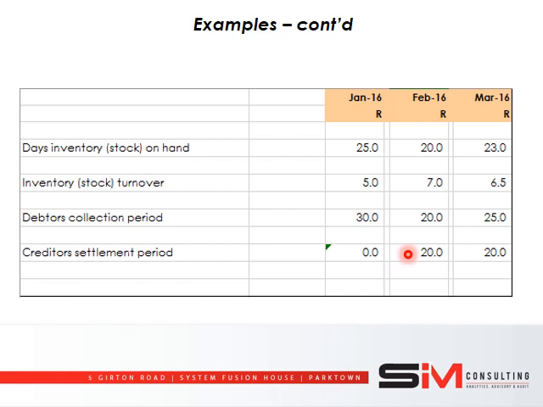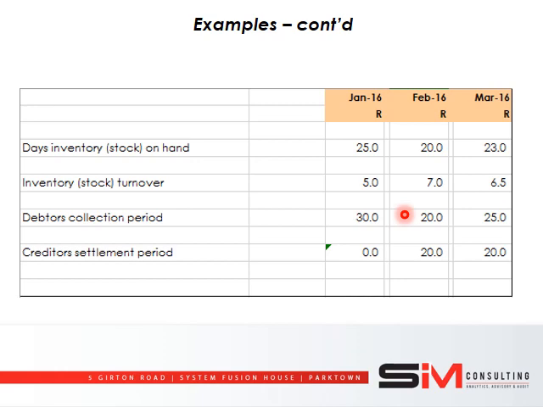If you like, you could also make a comparison between your creditors and debtors. If you make that comparison, you will come up with a conclusion that it took your company 20 days to pay the creditors, while at the same time it took 20 days for the debtors to pay your company.